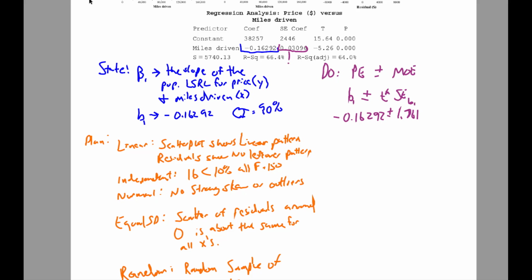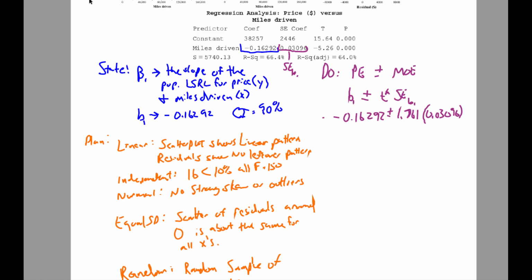That's your standard error. Okay, so that's given to you in the table as well. So that value is 0.03096.